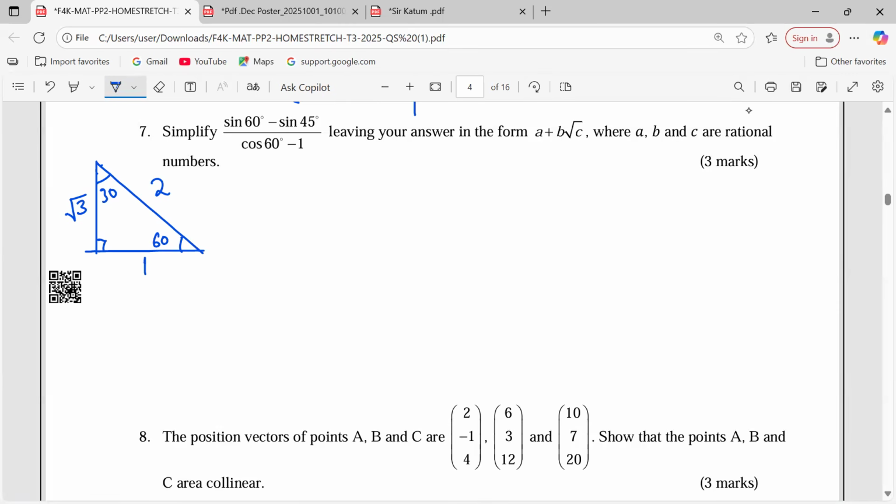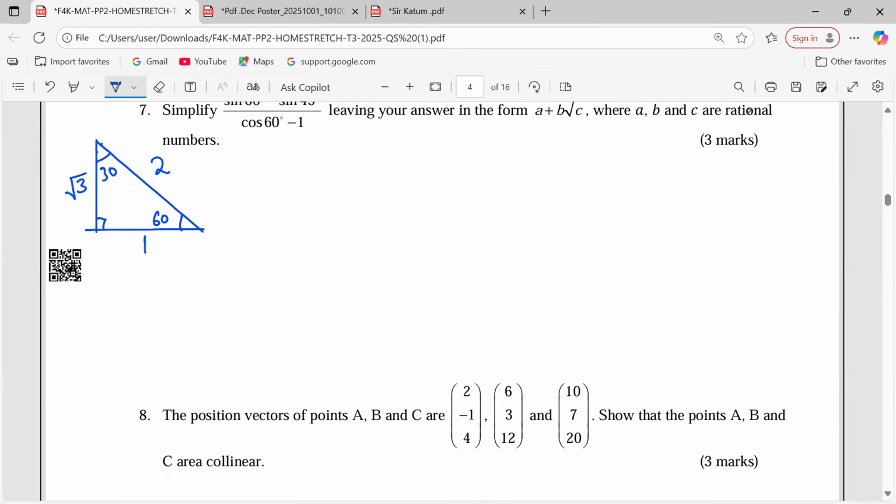Then for 45, we consider an isosceles right-angled triangle, whereby we have one unit as the length and height. If this is 1 and this is 1, it means it's isosceles, so we shall have 45 and 45.